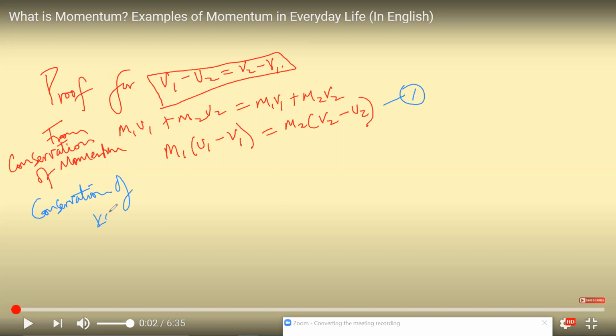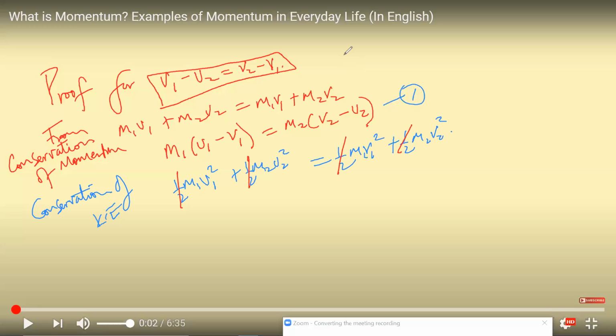Likewise, for conservation of energy, we are going to do the same. Conservation of kinetic energy, we shall say that a half m1 u1 squared plus a half m2 u2 squared is equal to a half m1 v1 squared plus a half m2 v2 squared. And from this, you can see that the half cancels out all through.